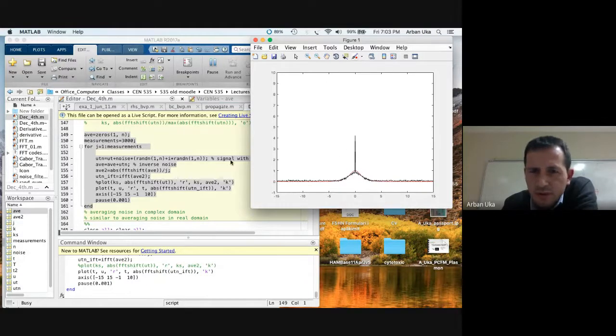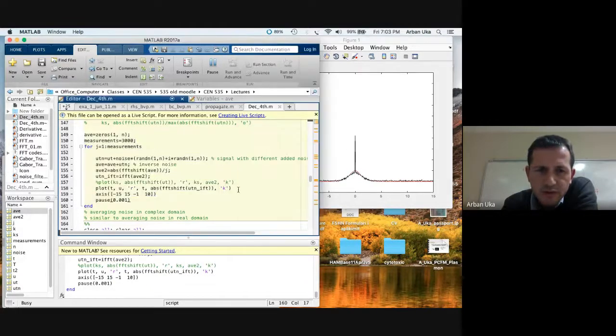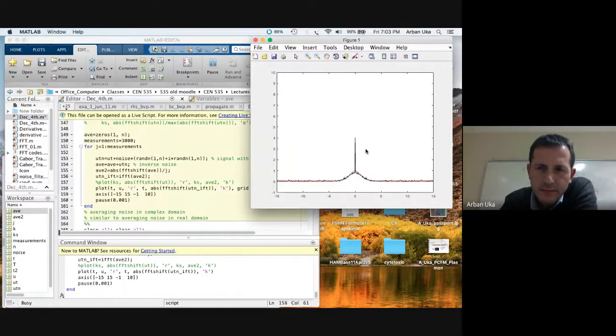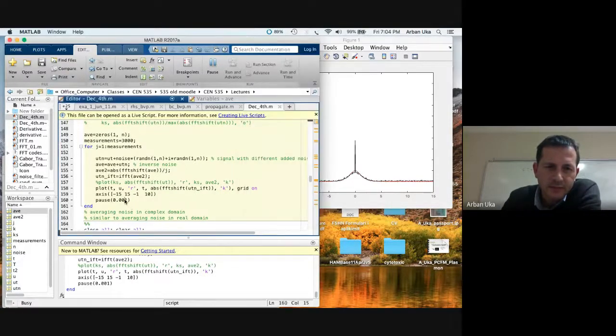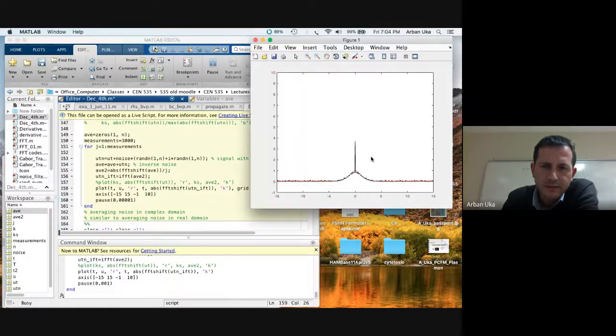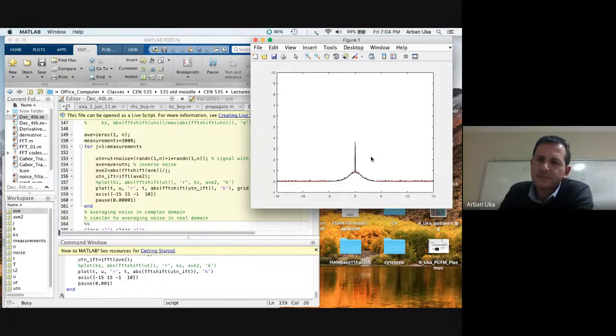But the amplitude, it could be good if we also plot here. It's below the 4.